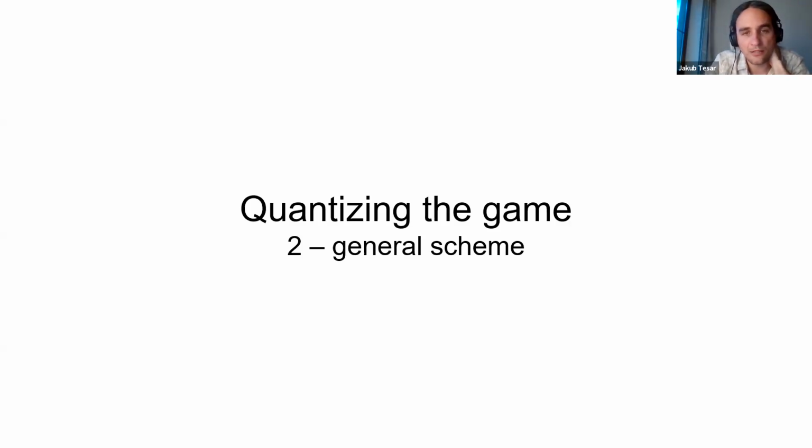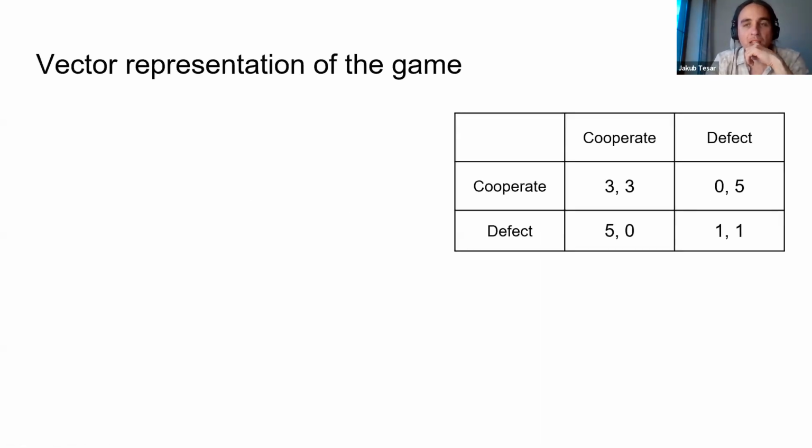So I would like to present some general scheme that we may use when we are thinking about what the options are here. And hopefully the presentation will still work. Yeah. So I will use Prisoner's Dilemma as the example here, but it does not really matter what game we are talking about, but to have something in mind, we can think of Prisoner's Dilemma.